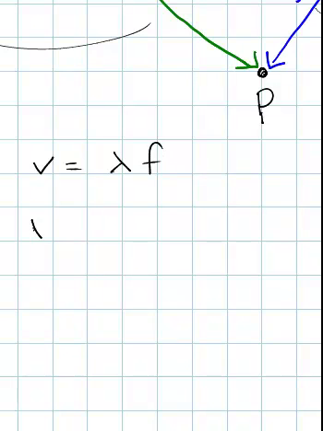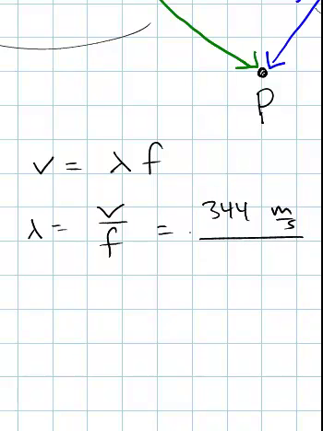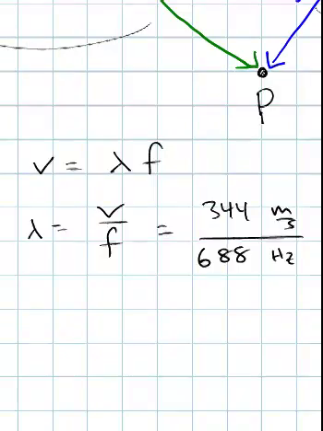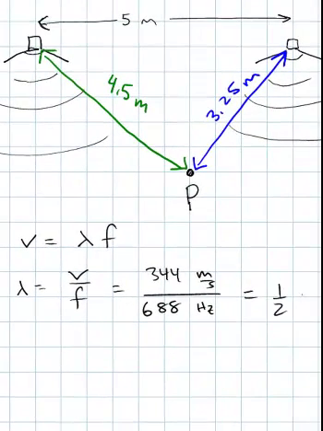So that means that our wavelength is going to be v over f. And both v and f were given in this problem. Speed of sound, 344 meters per second. The frequency, 688 hertz. That's inverse seconds. And that leaves us with half a meter for our wavelength.